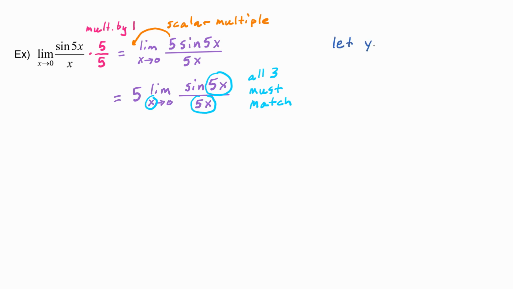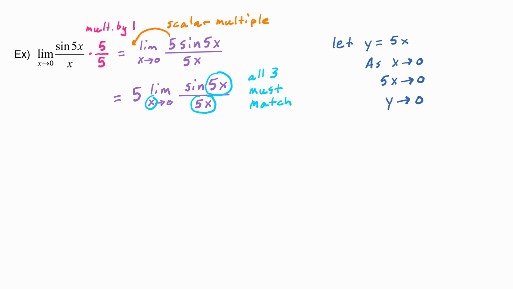Let y equal 5x. Now as x goes to 0, certainly 5x will also go to 0. And since y is just 5x, that means we can say y goes to 0.